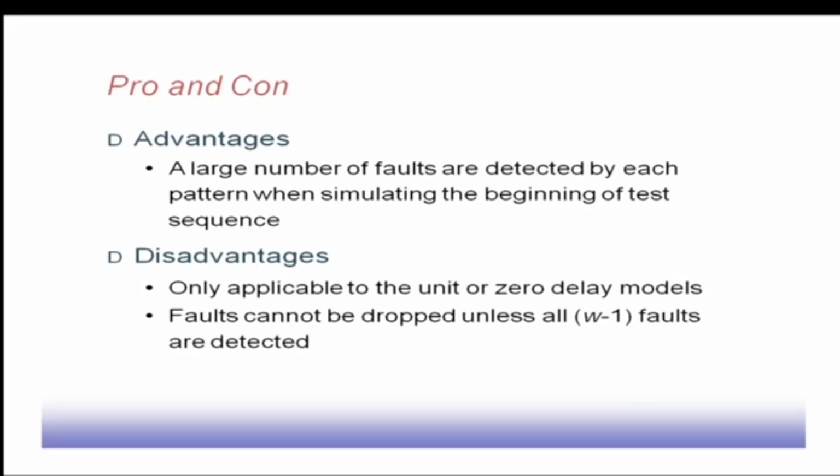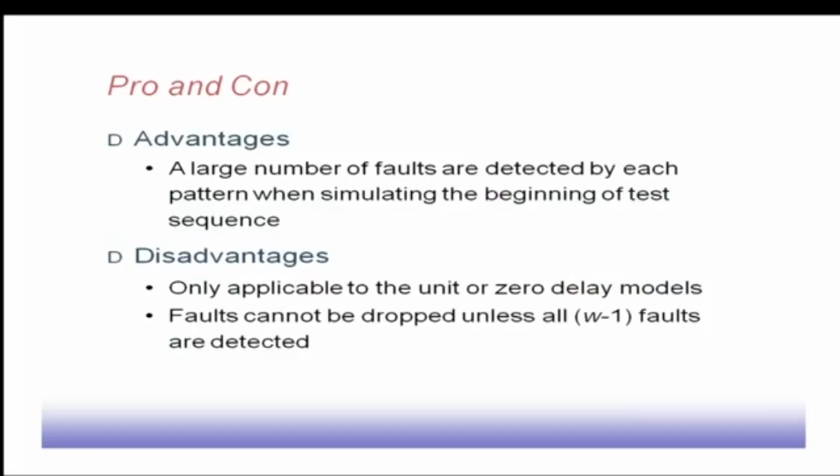The second important problem is that faults cannot be dropped unless all W-1 faults are detected. Because of the structure of the processor word that we are using, we are putting W-1 faults in it, so there is no point dropping a fault here, since you will be doing W-bit logic operations over these bit patterns anyway.